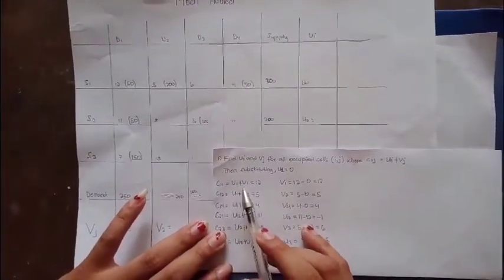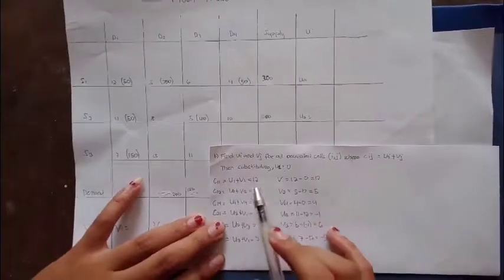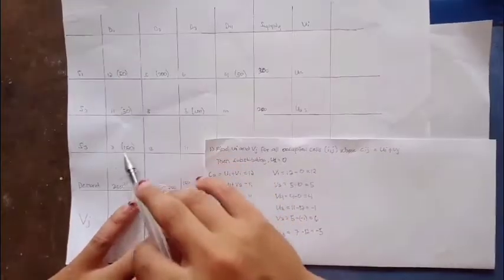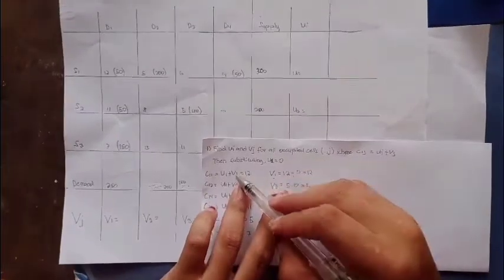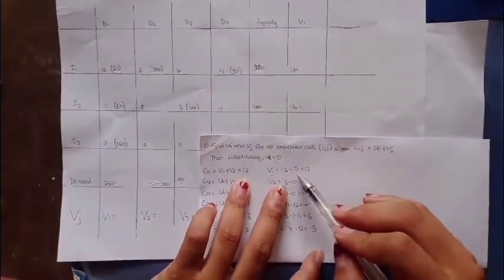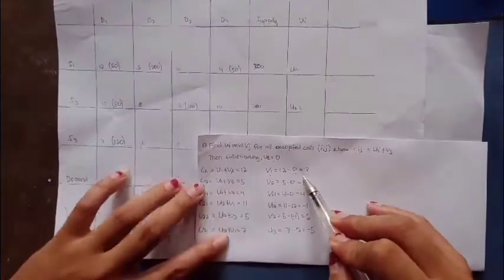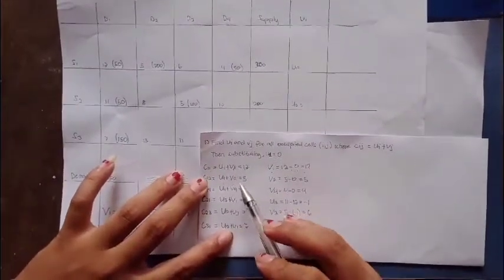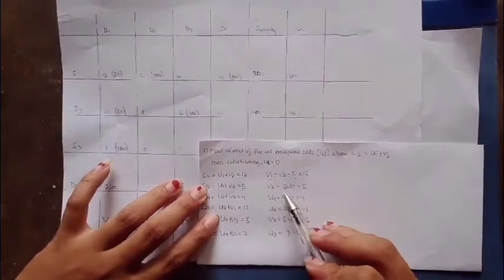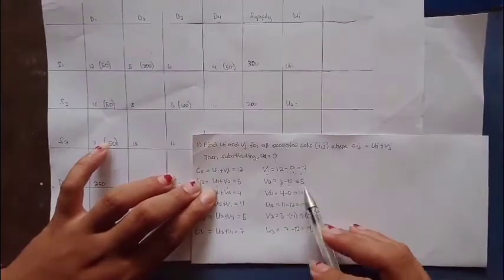So our cell 11 is U1 plus V1 is equal to 12, so V1 is 12 minus 0, which is 12. Next is U1 plus V2 is equal to 5. So V2 is equal to 5 minus 0, which is 5.